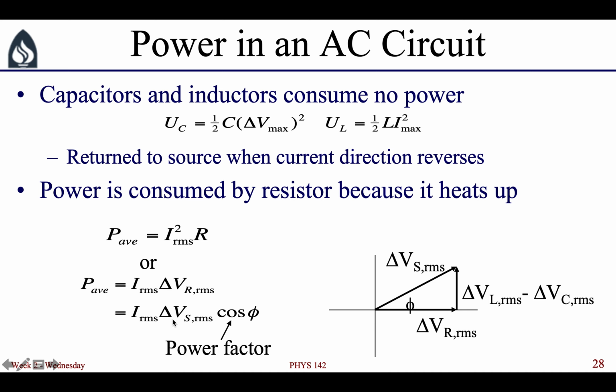Then you can use the voltage of the power supply times the cosine of that phase angle to get the voltage of the resistor. The cosine of theta is sometimes called the power factor, because it tells you how much of the voltage of the power supply is equivalent to the voltage across the resistor, and allows you to find the power consumed by the circuit.